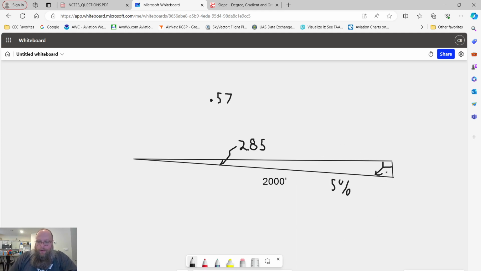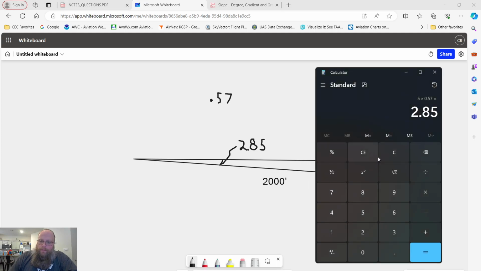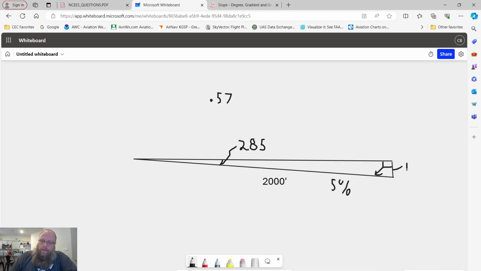Or we can go ahead and calculate this short side, which is easily done by 2,000 times your percent grade, which is 0.05, gives you 100 feet. Okay. So without doing any type of complex math, we have identified two sides and an angle of a right triangle.